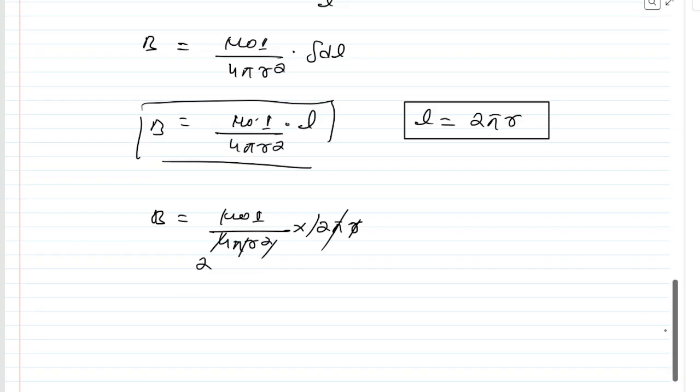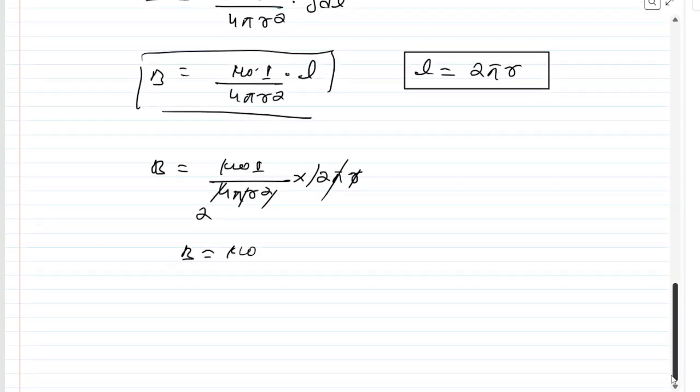So finally we are left with B equal to mu naught I upon 2r. This is the final result for the magnetic field at the center of the circular loop.